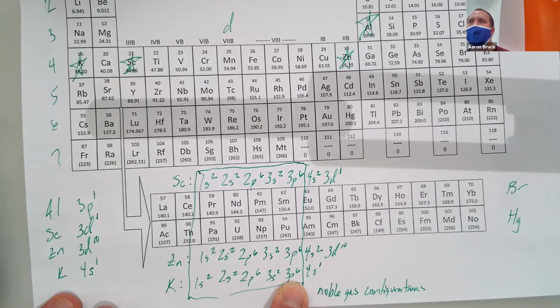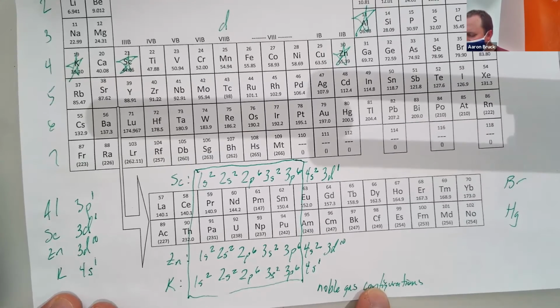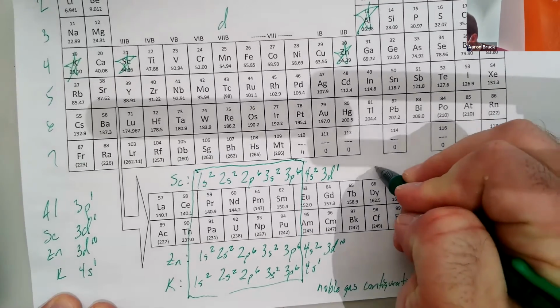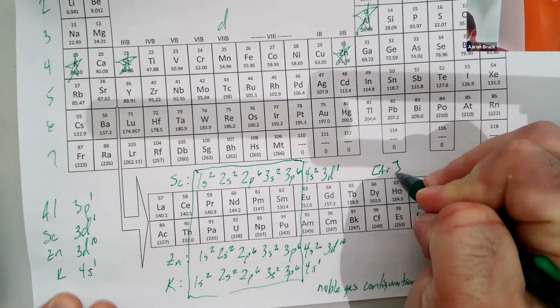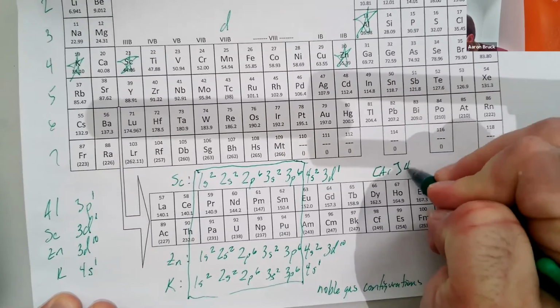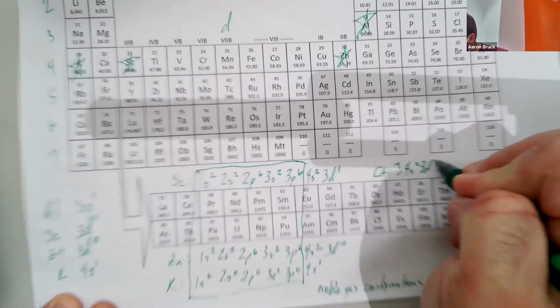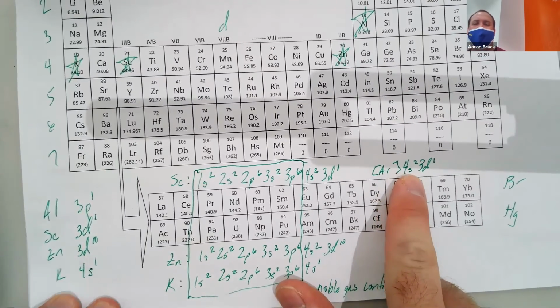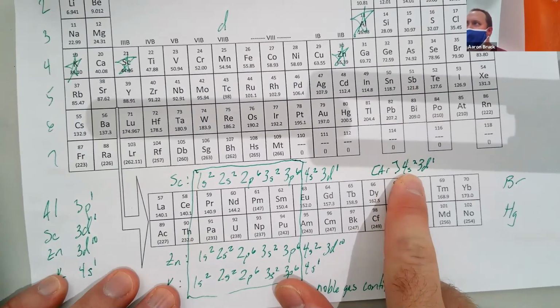What noble gas ends with 3p6? Argon. And so noble gas configurations would have us put that argon in brackets and then repeat the only part of the configuration that exists after that argon.